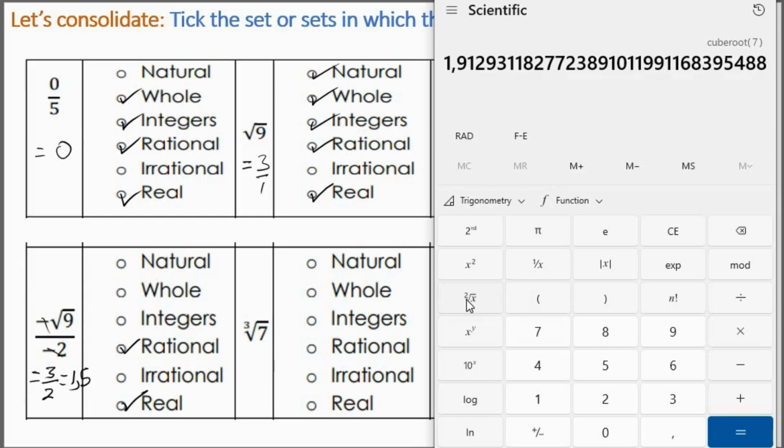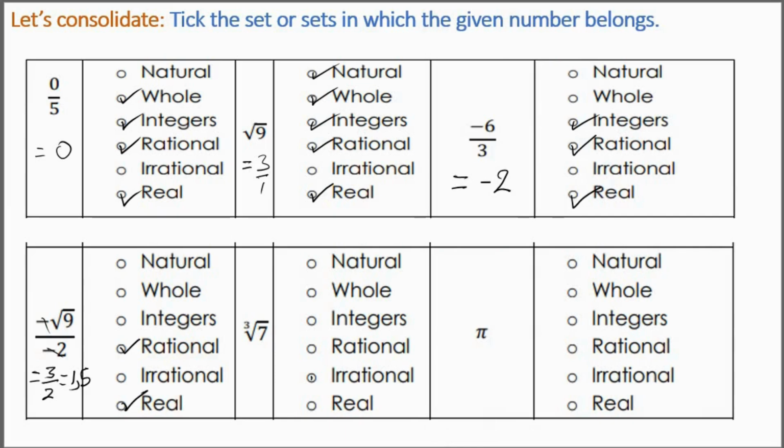So we learned that irrational numbers are those that do not recur and they do not terminate. So this number 1,91293 is not recurring, is not ending. It will continue to go. So we know that the cube root of 7 is irrational. It's not rational, it's not an integer, it's not a whole number, it's not a natural number.